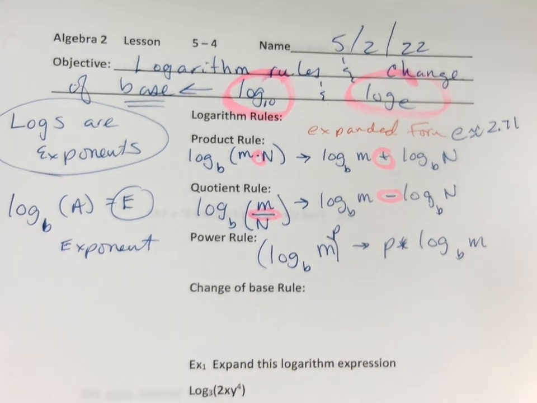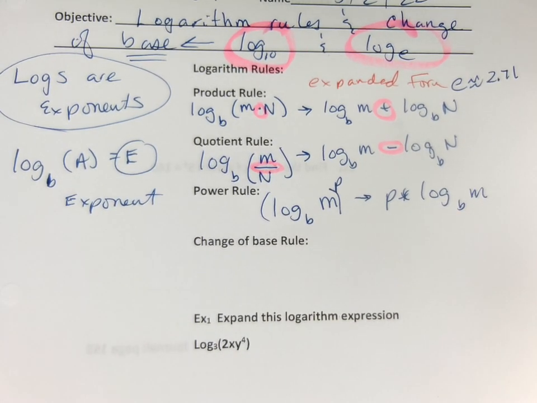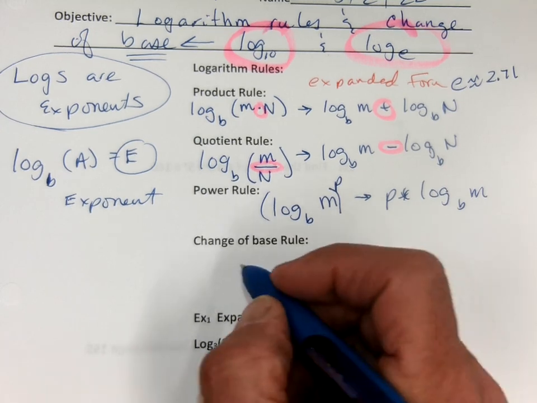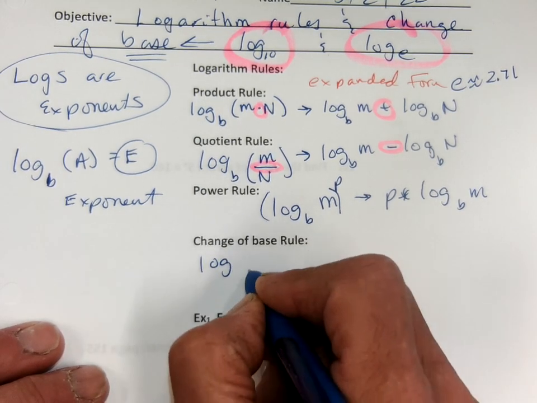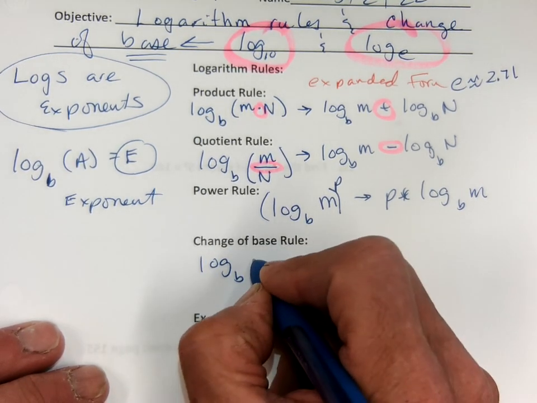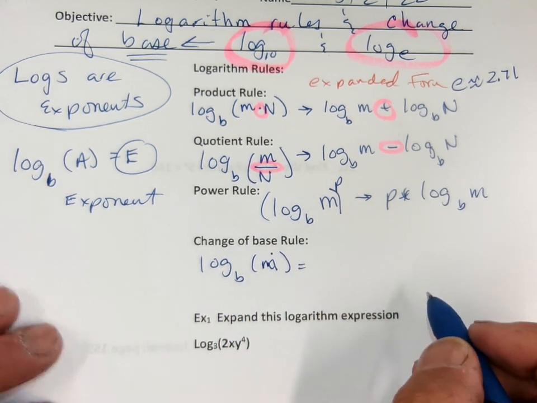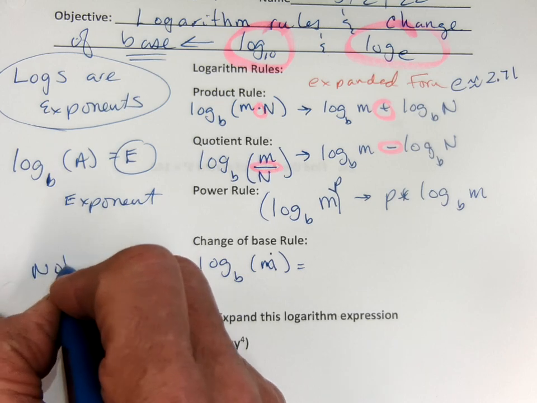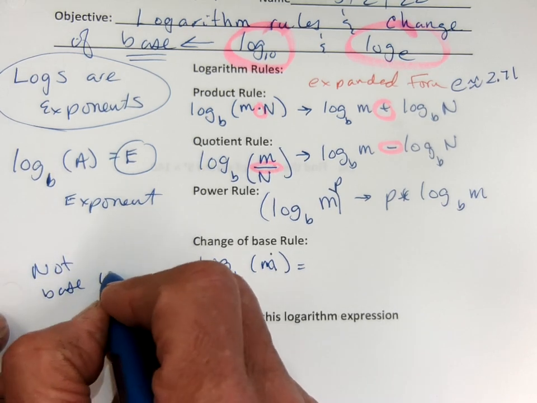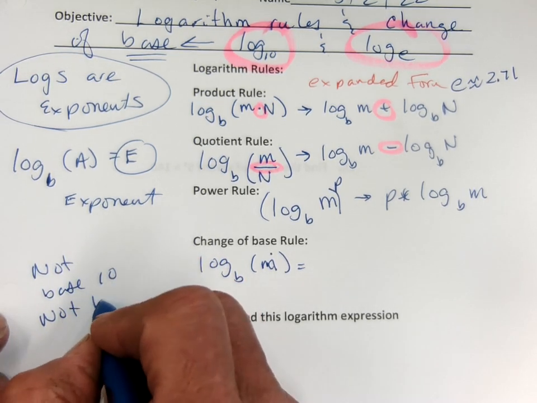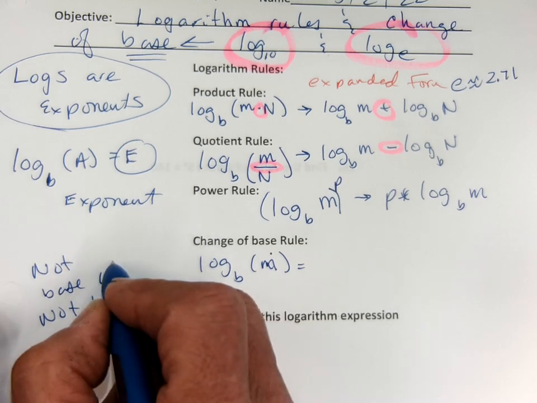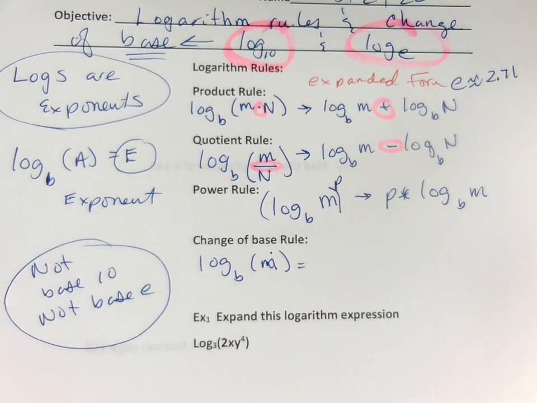Now, change of base. If you have an old calculator that doesn't have all the cool buttons, and you have log base b of m, not base 10, not base e, you can still do it, even on your phone.